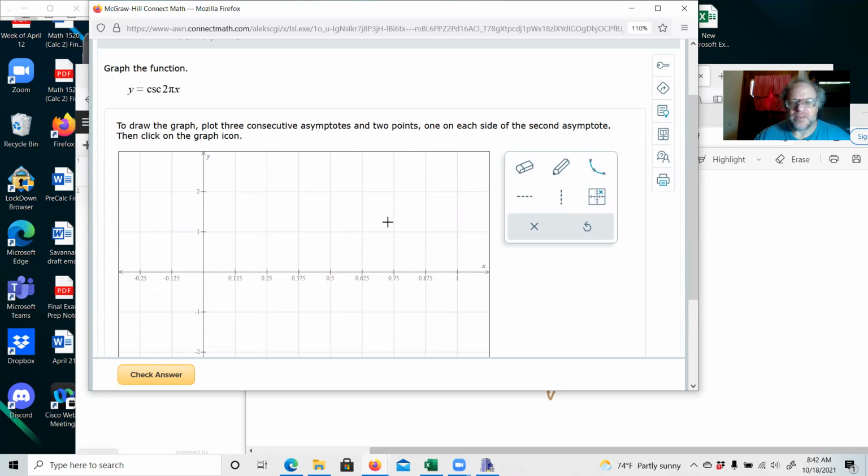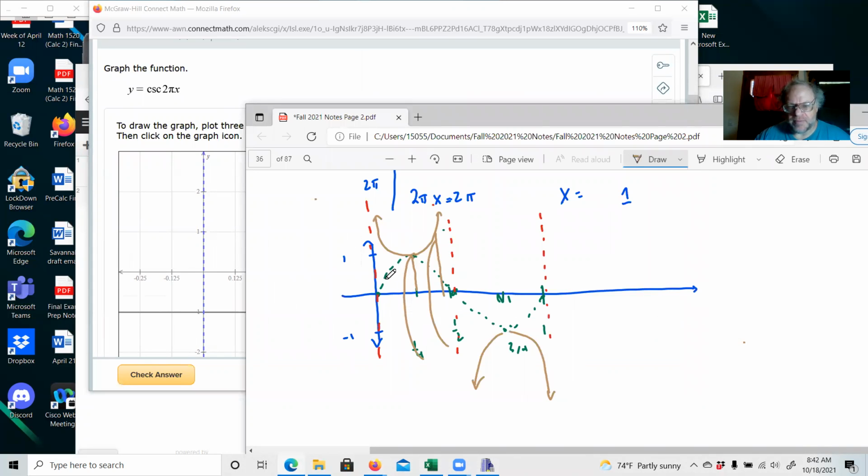Okay, so let's see, we need some asymptotes. So we have an asymptote here and here and here, at 0, 1/2, and 1. We don't have a horizontal asymptote. Okay, but at 1/4, what's happening here at 1/4, we are at 1.